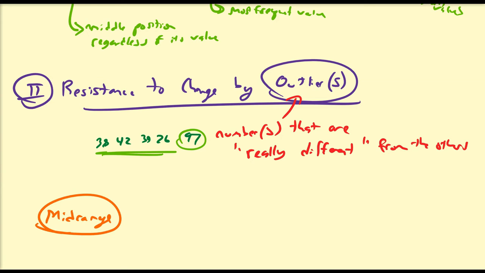That means the mid-range will change the most out of the four when an outlier is introduced. Usually an outlier is either on the extreme ends of the distribution. Either it's going to be at extremely high value or an extremely low value. And remember, the mid-range only considers the maximum and the minimum, so most likely that outlier will be one of the numbers that the mid-range uses to calculate.